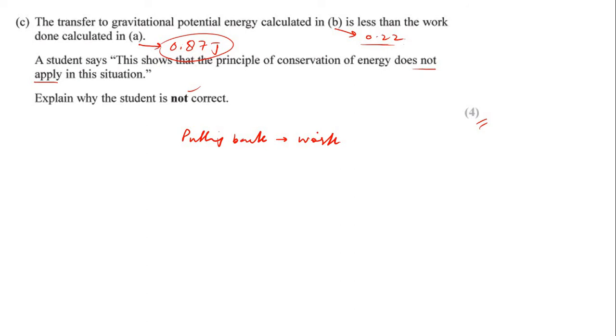And when you release, then elastic energy is converted into GPE. Not all elastic potential energy is converted into gravitational potential energy because of the resistive forces, and resistive forces cause dissipation of energy in the surroundings, so energy is dissipated. So that's how you can explain in detail every step.